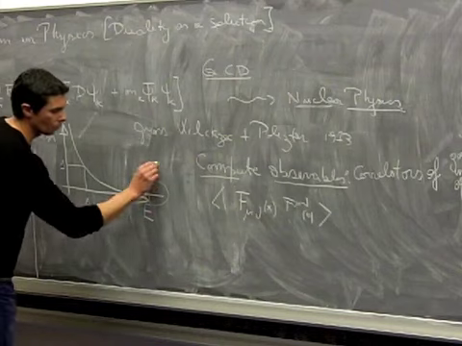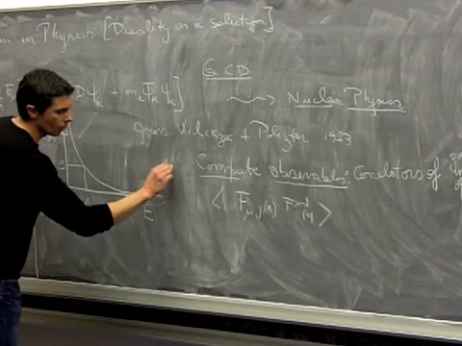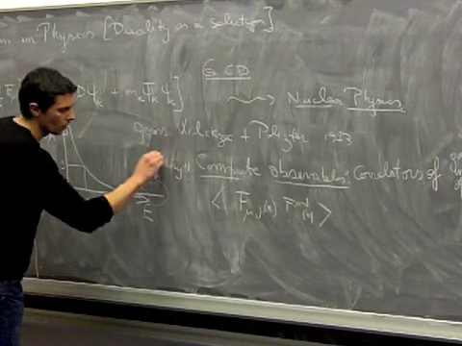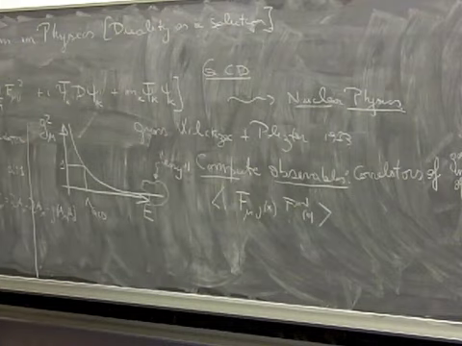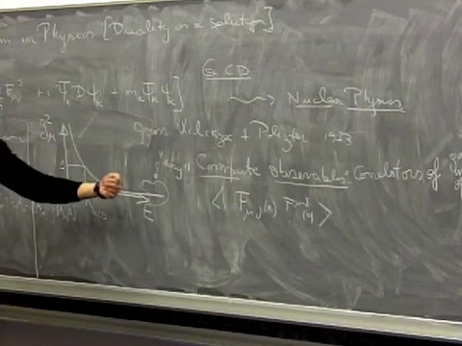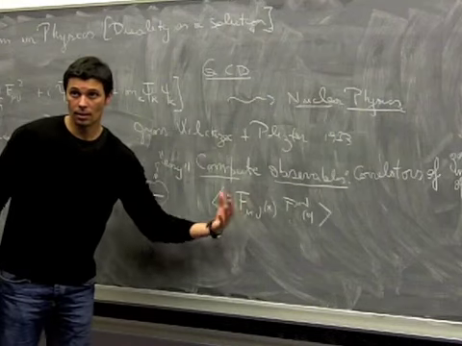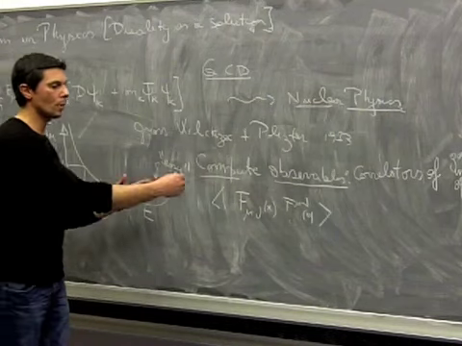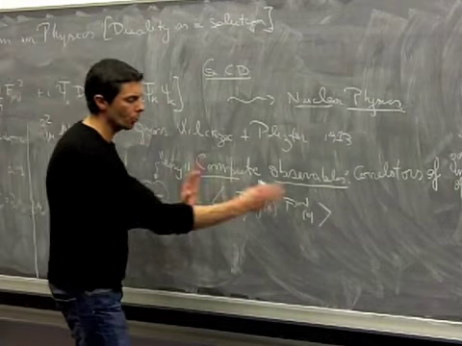I want to say that here the problem is easy, and I will explain in a second the quotation marks. It's easy because in principle you have a parameter where to expand, and make a perturbative expansion. So how do you go about this?